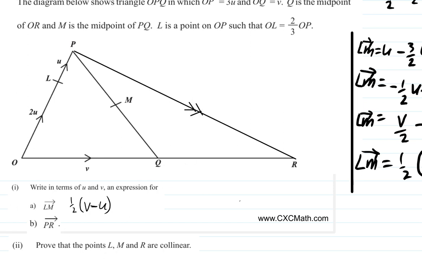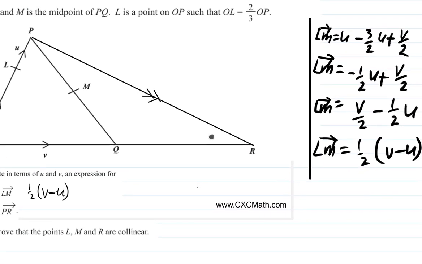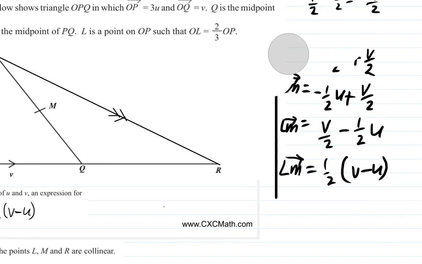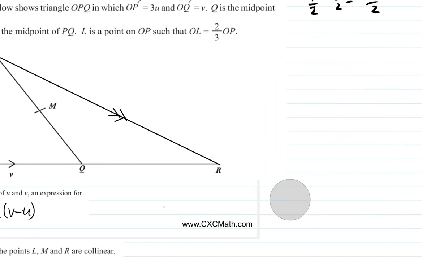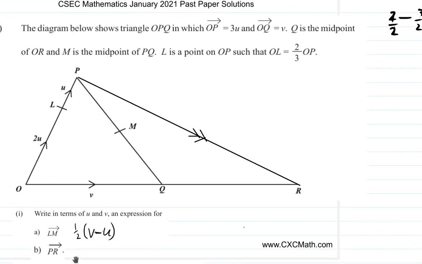That is PR. Now from P to R, let's erase these things over here too. I already wrote down half V minus U here, so I want some space to deal with the PR business.